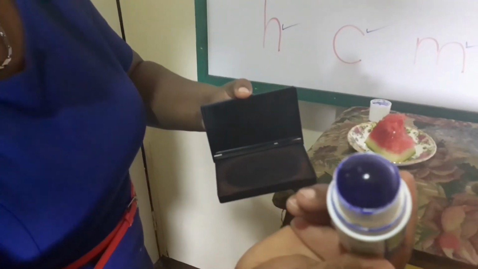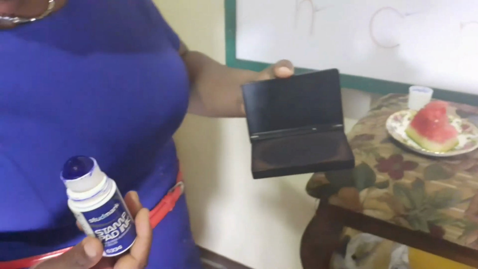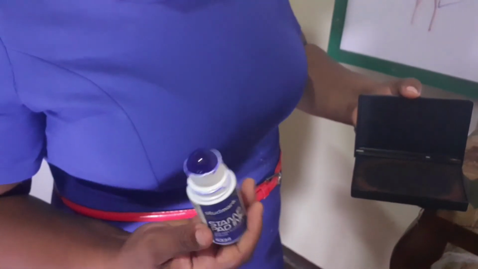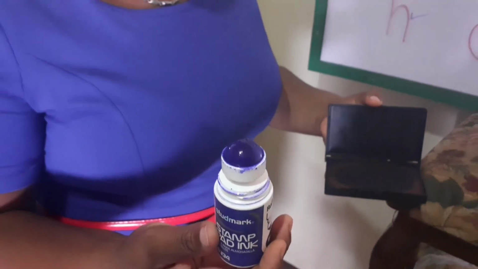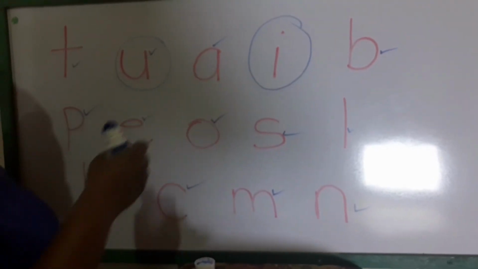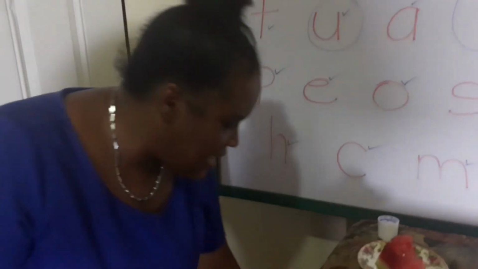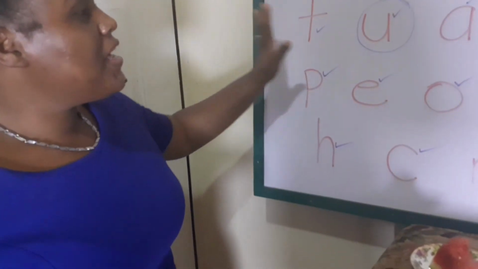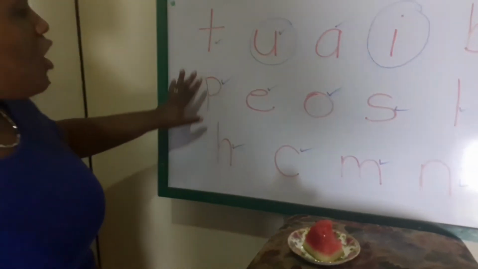The ink is blue like my dress. So ink begins with the E sound. And the I says E. The I says E. So we are finished ticking all the letters on the board.